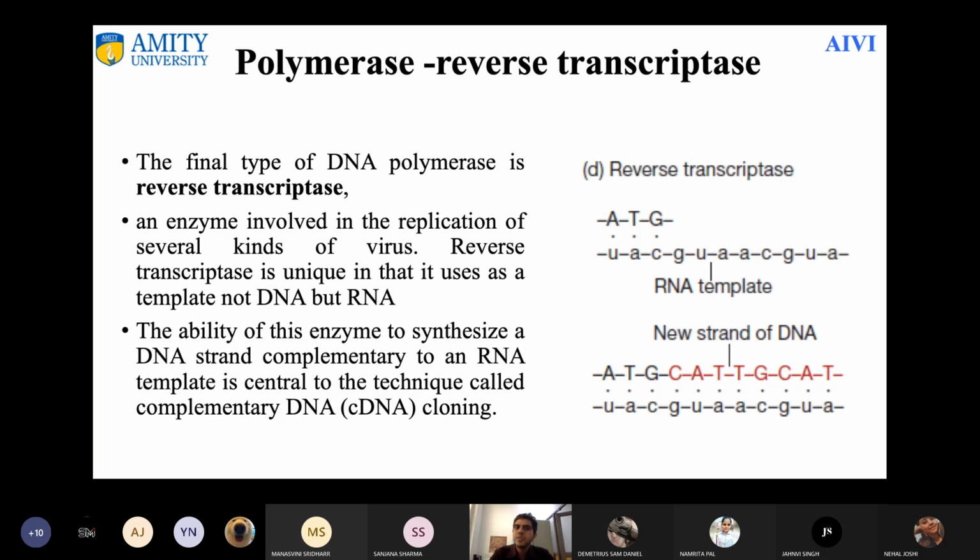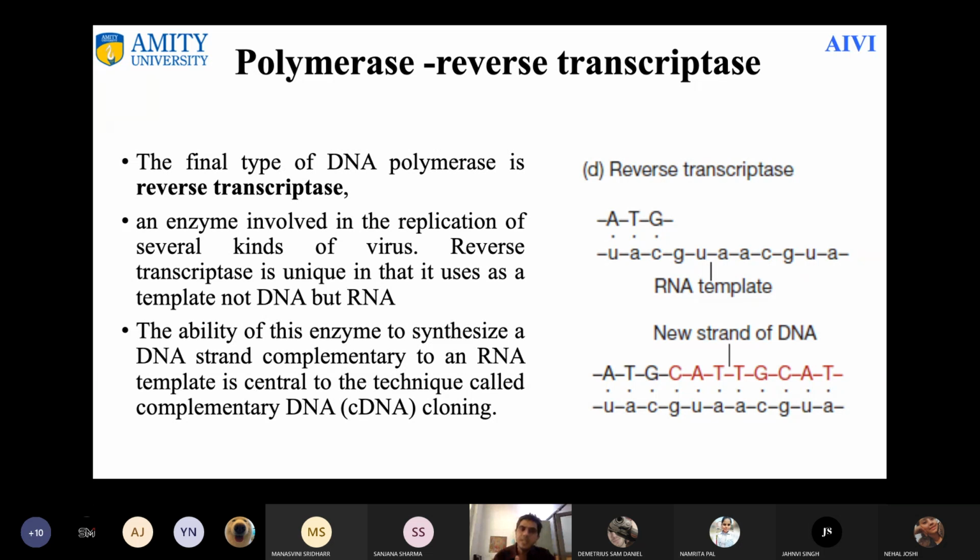Whatever your DNA polymerase or RNA polymerase synthesizes, all are making a complementary strand. But here, in the case of reverse transcriptase, you are going to have a single-stranded DNA.